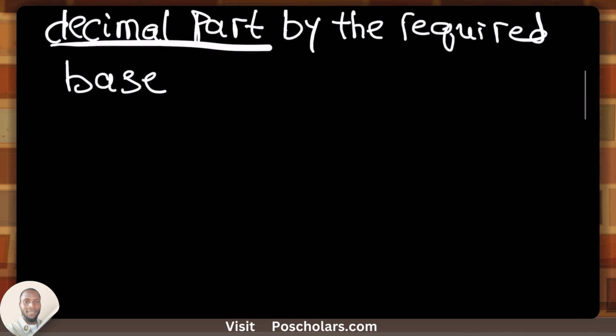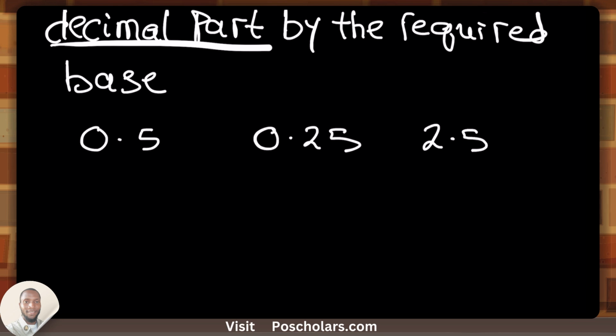Now, what's a decimal fraction? For example, if you have 0.5, it's a decimal fraction. 0.25 is a decimal fraction, and let's say 2.5 is also a decimal fraction, right?